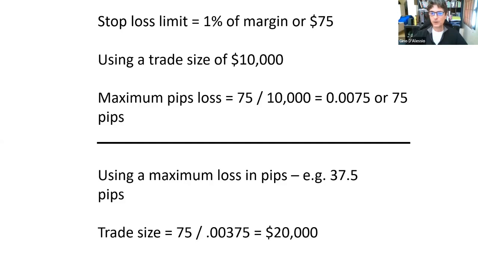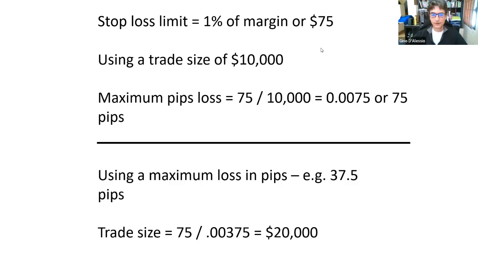We need to establish our stop loss because through that, we can find out how many pips we can risk on a trade. For example, if you're trading euro dollar and you buy euro dollar at 1.10, you need to know how many pips away you can place your stop loss before breaching this rule of maximum stop loss.